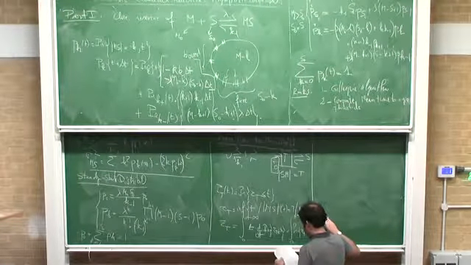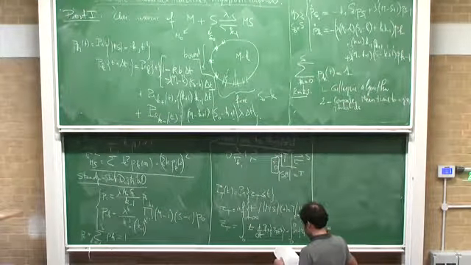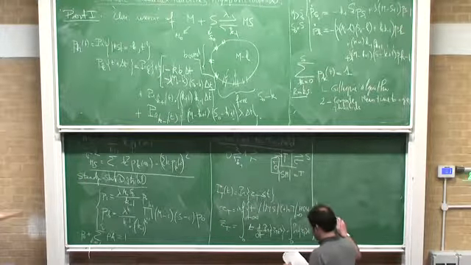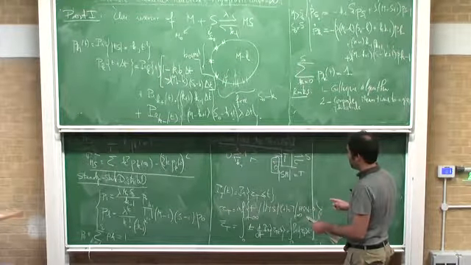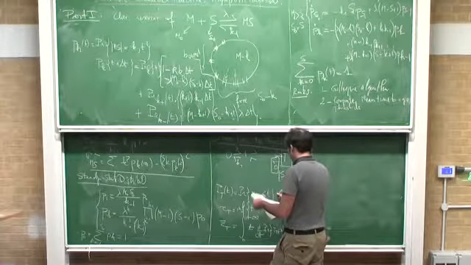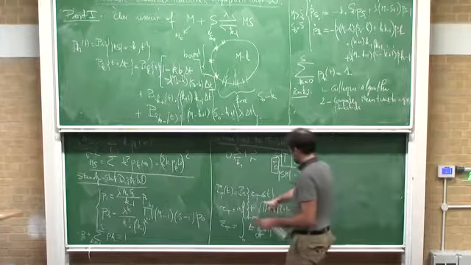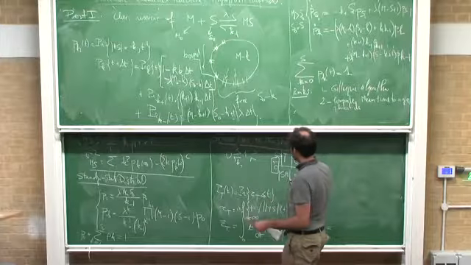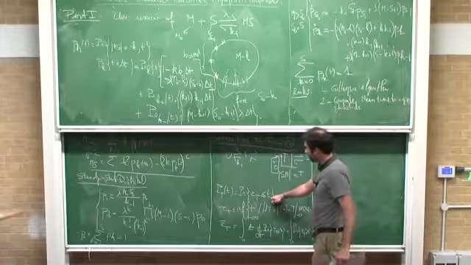Now we have to understand that this can be written as the derivative of this, which is the probability that tau_T equals t. This is exactly the probability that the number of molecules equals T at time t.